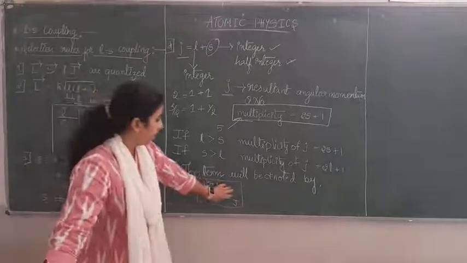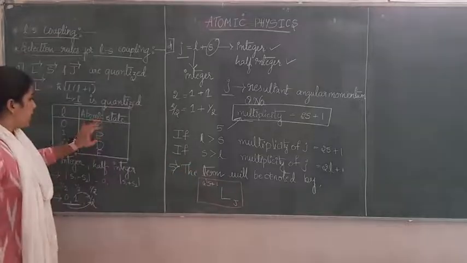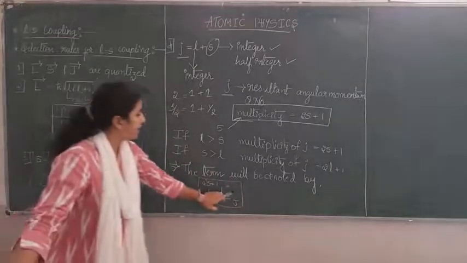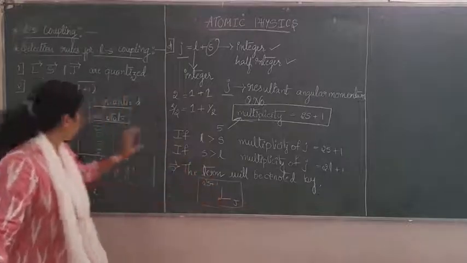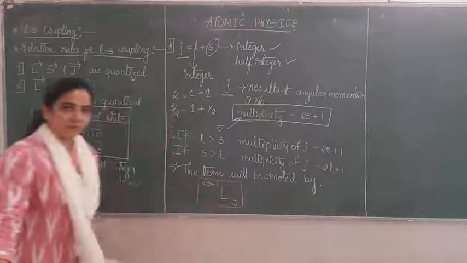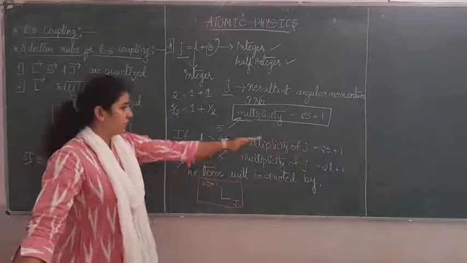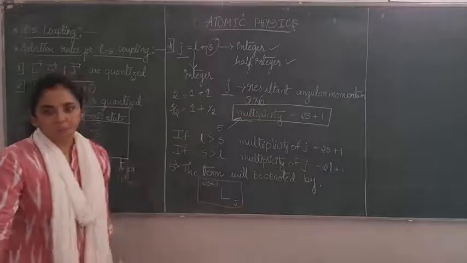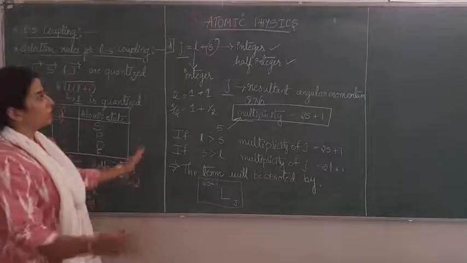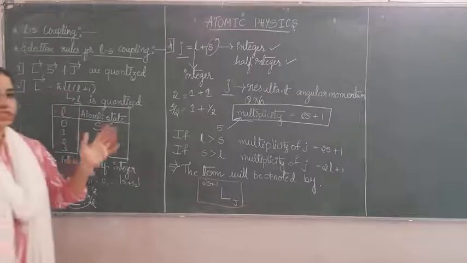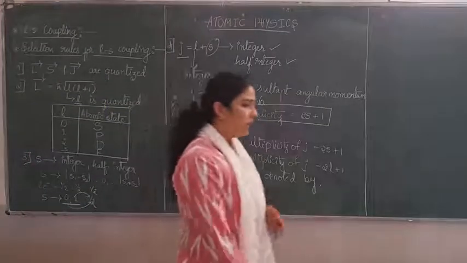Now L here indicates: if we have got L value as 0, then we have to write S. If we have L value 1, then it will be P. 2S plus 1 is the multiplicity, J is the resultant angular momentum quantum number. So this is about the selection rules for the LS coupling scheme.